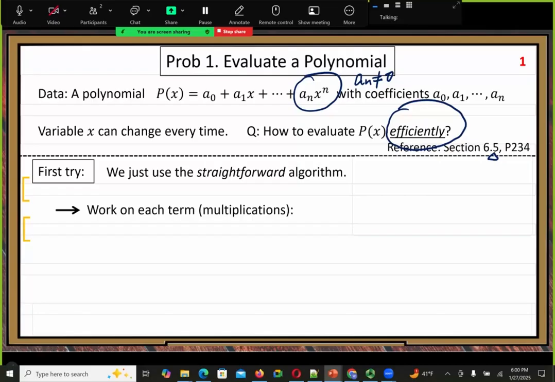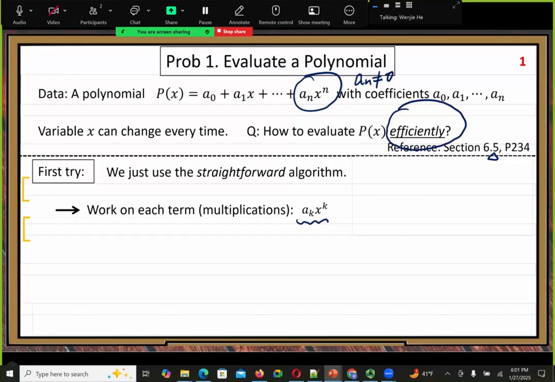When we do that, we need to work on each term, right? Every time you get one term, you need to find the value of that term first before you can do addition. So here we study a typical term: a sub k times x to the kth power.